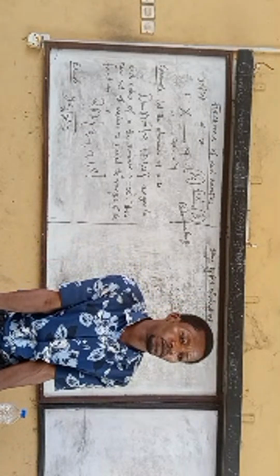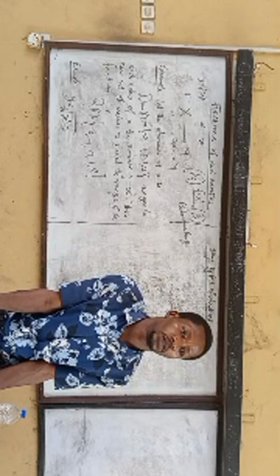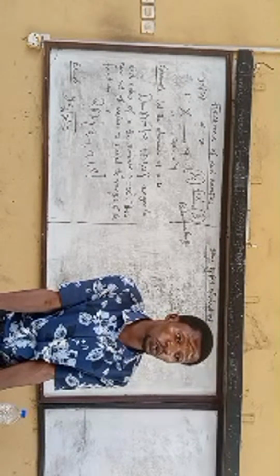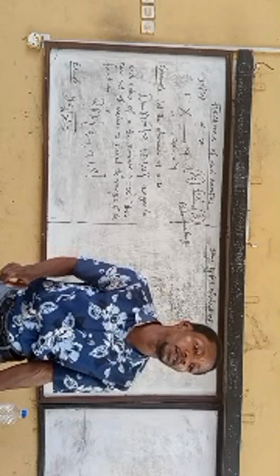What does it mean that a function is one-to-one? If every element has a unique image, that is, it maps to only one element.